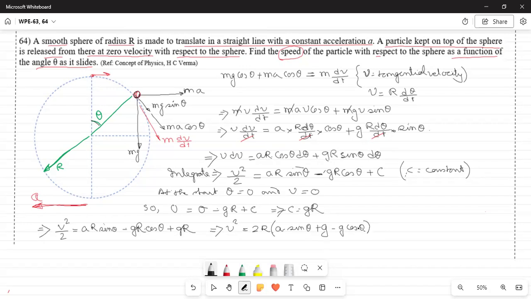This is V square. So V is equal to whole under root 2R A sin theta plus G minus G cos theta.